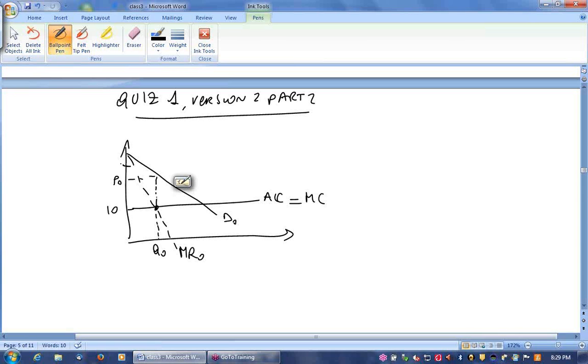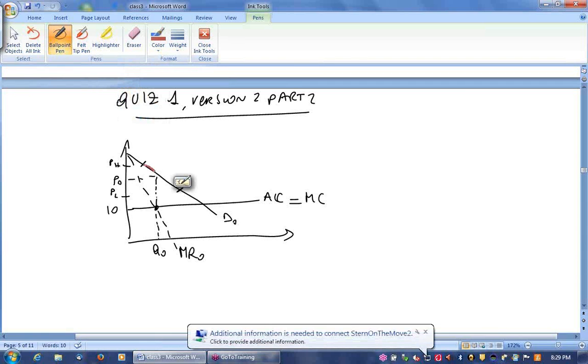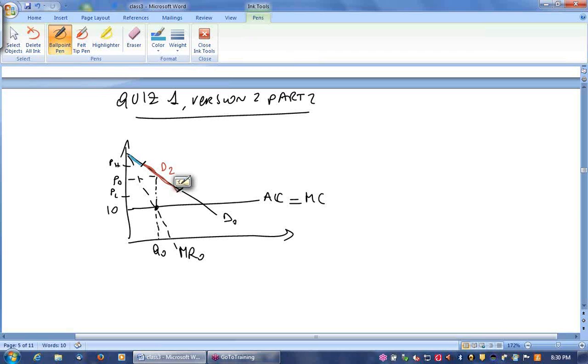So let's say this is PH and this is PL. This part of the demand will be our D2, and this part of the demand will be our D1.